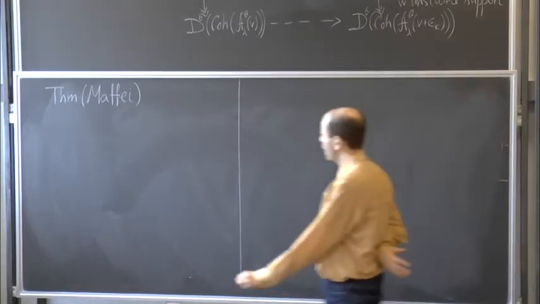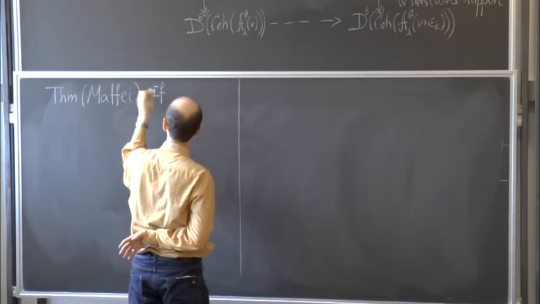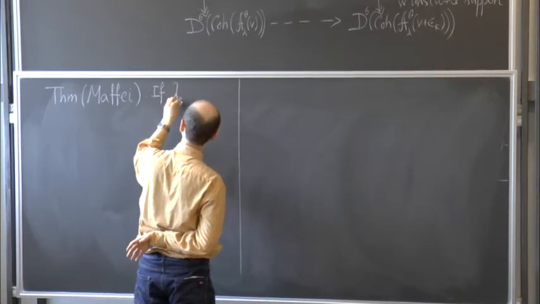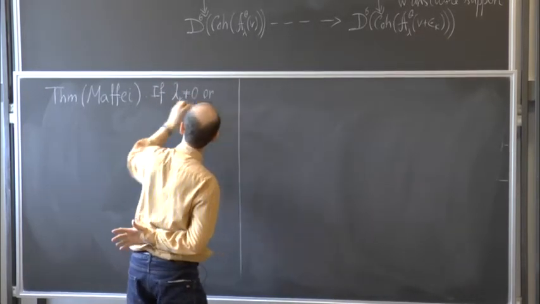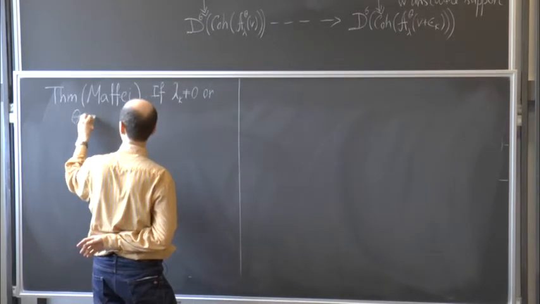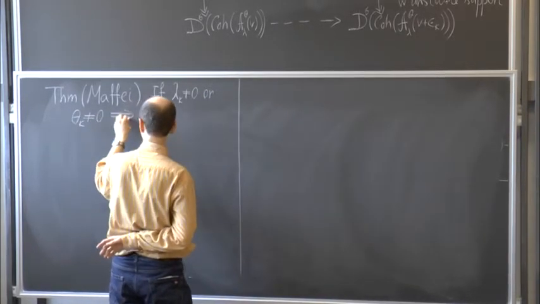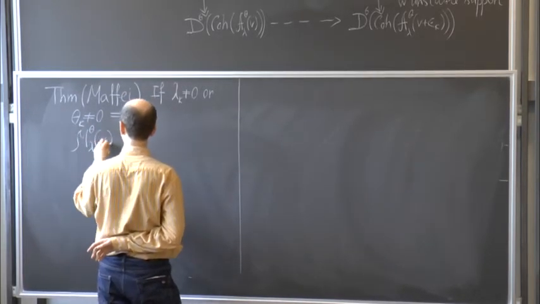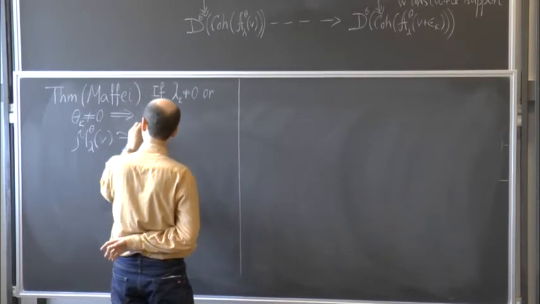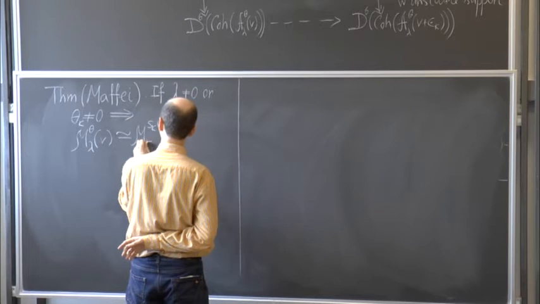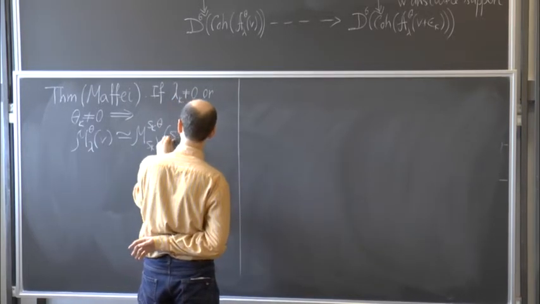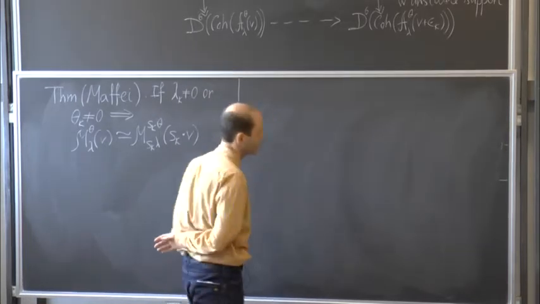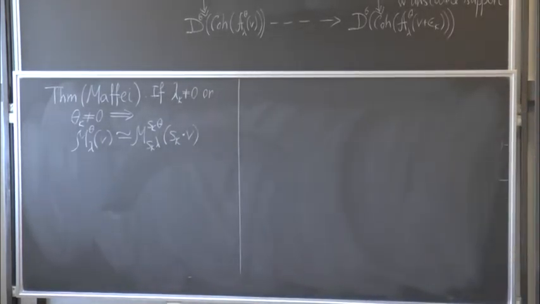The theorem is the following. If lambda k is different from 0 or theta k is different from 0, then M theta lambda v is isomorphic to M sk theta sk lambda sk dot v. Something that we have already seen in the example, right? So if you specialize to this example here, this is what the theorem says.